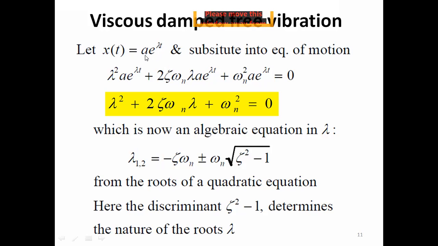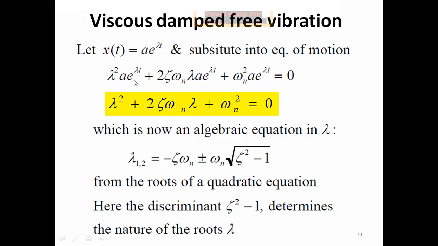So a is constant, and then the differential of exponential lambda t is again exponential lambda t, and when it is differentiated, the power of the exponential function is differentiated, again we would get one more lambda. So at the end we would have lambda square a exponential lambda t.